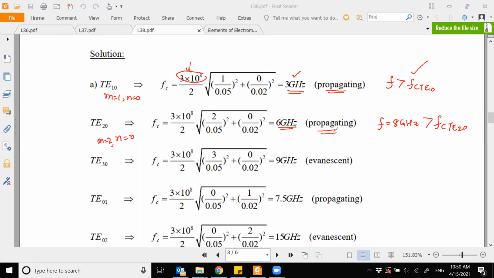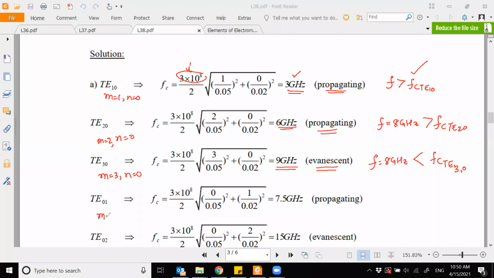So therefore it propagates. Now m equal to 3 and n equal to 0. I get 9 gigahertz here. My operating frequency of 8 gigahertz is now less than the cutoff frequency of TE3,0. So it is smaller, which means this mode cannot exist. That's why it is evanescent.